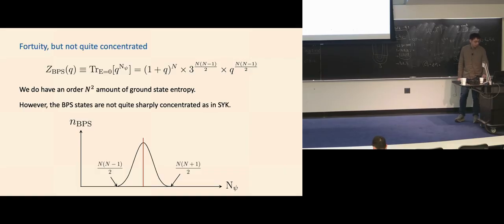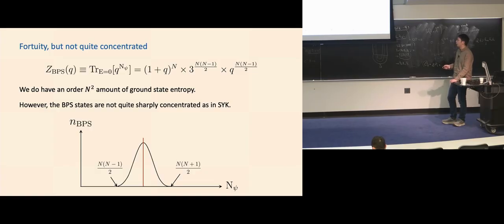Now, one feature I want to highlight in this model is that this model does have fortuity, but the BPS states are not quite concentrated as what you have in, let's say, the SYK model. Let me remind you that in the SYK model, if you choose the couplings to be random, essentially all the BPS states are in an order 1 number of sectors in the middle, represented by this red line over here.